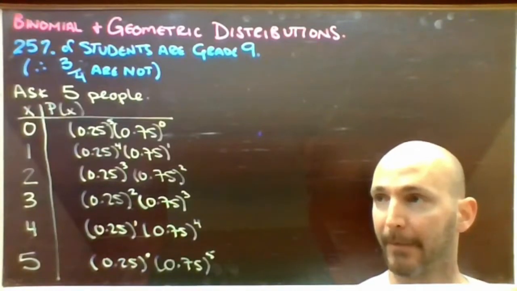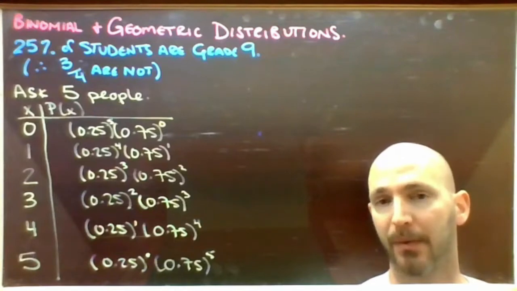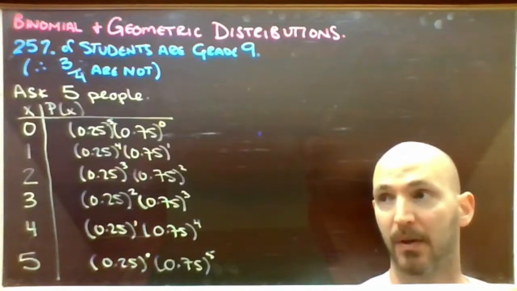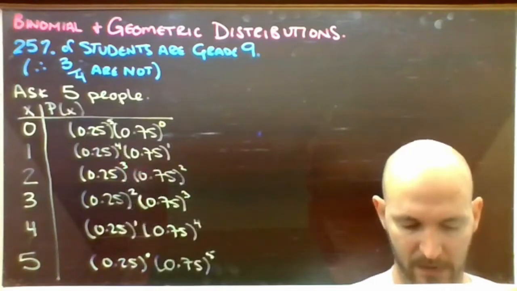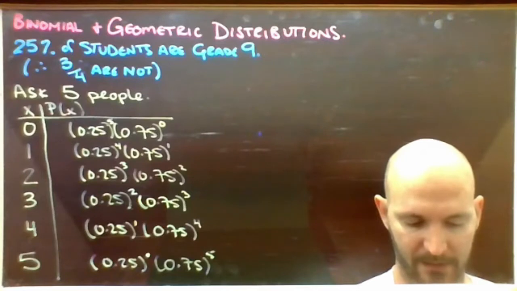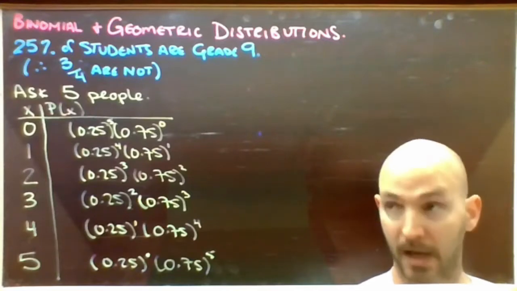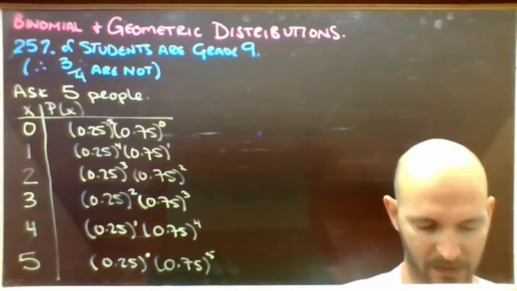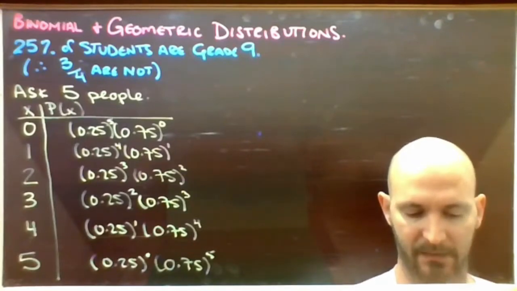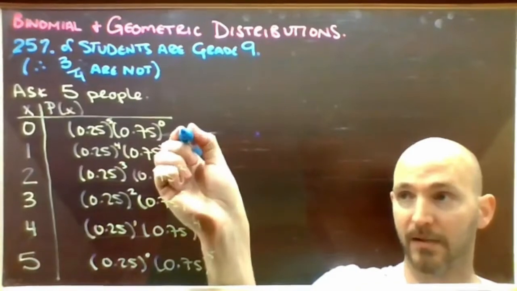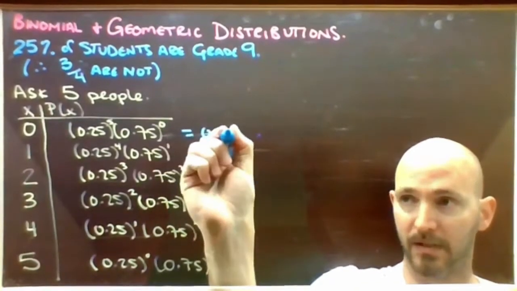Okay. So, if I were to go through and actually do these multiplications, 0.25 to the exponent 5 times 0.75 to the exponent 0 is 0.00097.